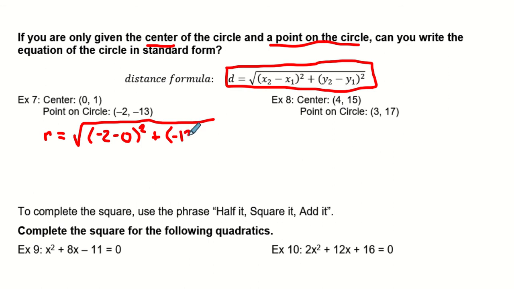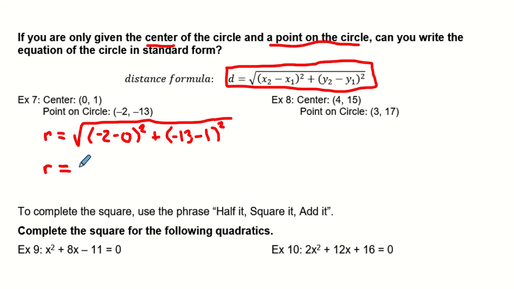Remember, y2 just means the y value of the second point, minus y1 squared. And you can plug it into a calculator, but if you work that out, let's see what we get. We get the square root, we get 4, so this is negative 2 squared, which is 4. This is negative 14 squared, which is, I believe, 196. So 4 and 196 is 200. And the square root of 200.